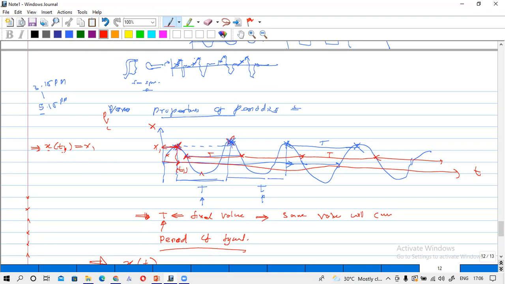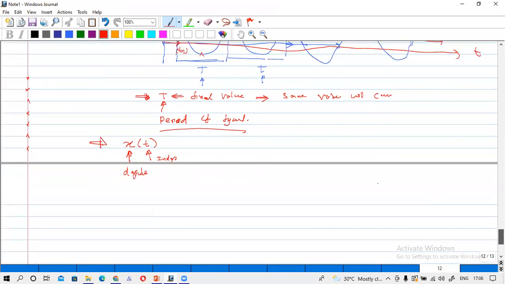It is a constant, and this notation represents the x value here. So here it is x1. But here, t is not a fixed value, it is a variable.